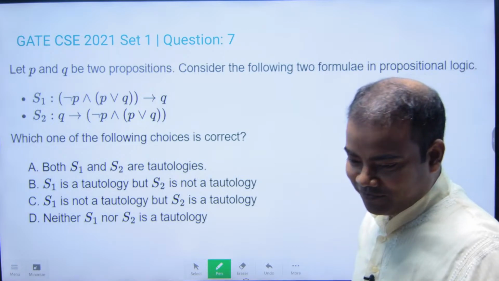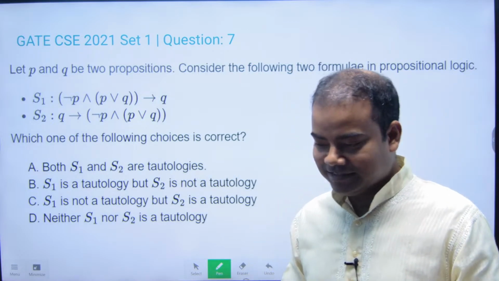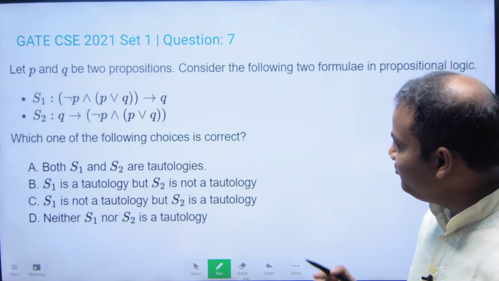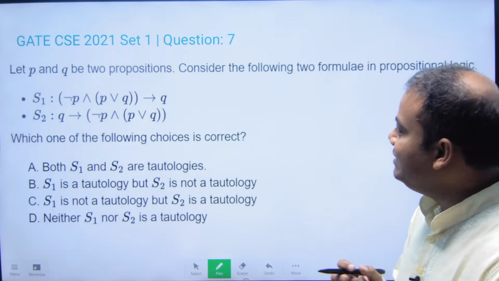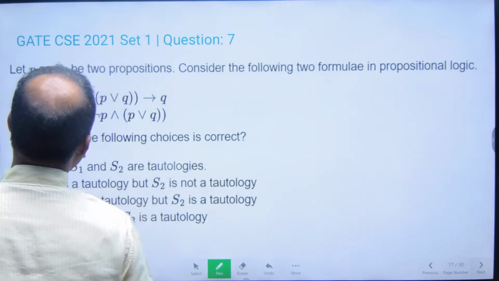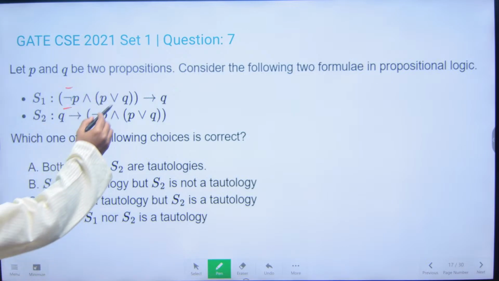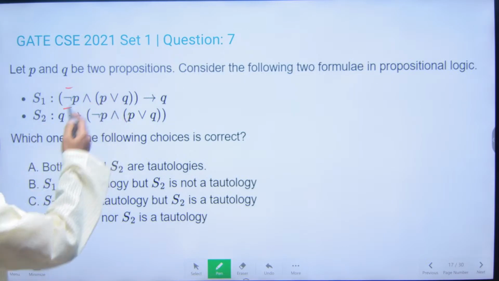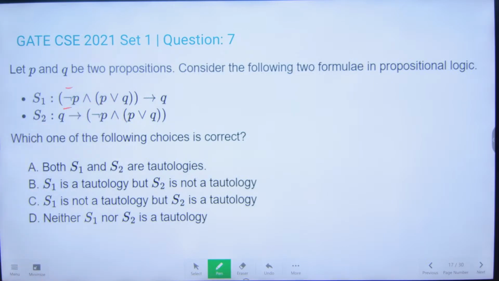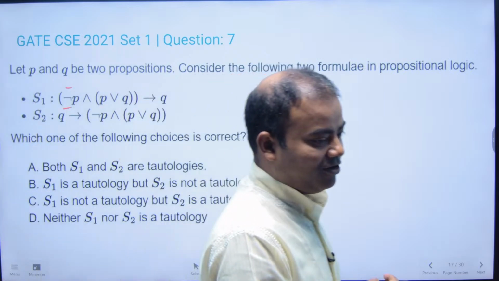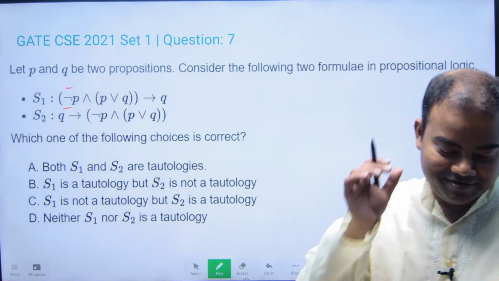Making a truth table is definitely easy, but if you find something easier, then you can use that, for example this one. But first make it using a truth table, then later you will understand how the other way is easier.